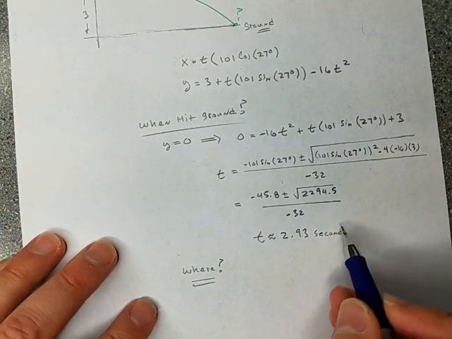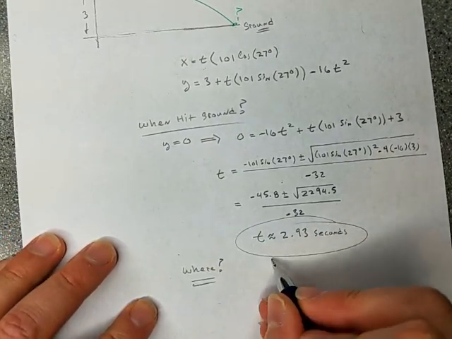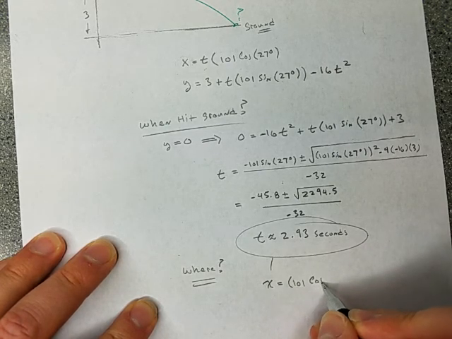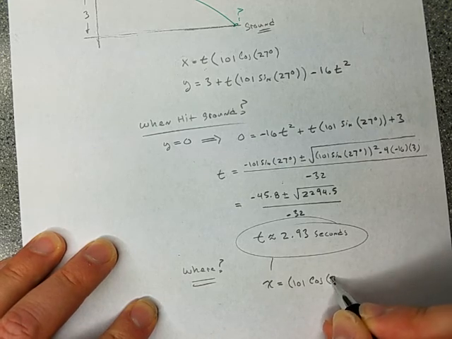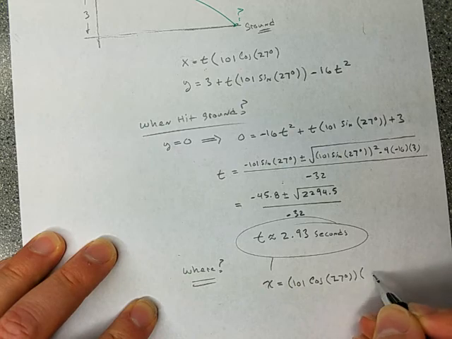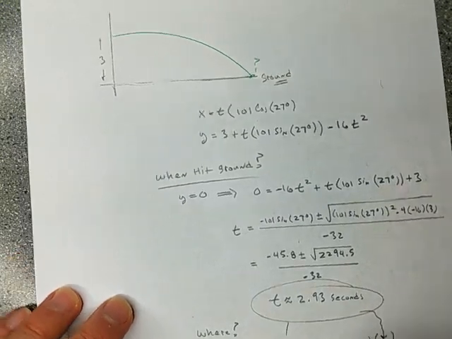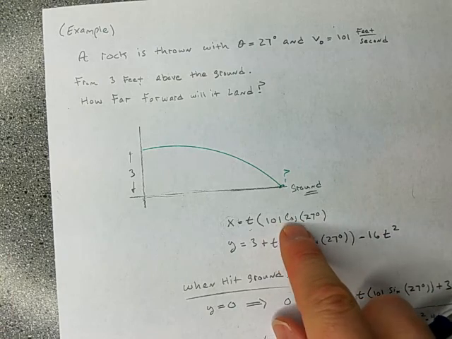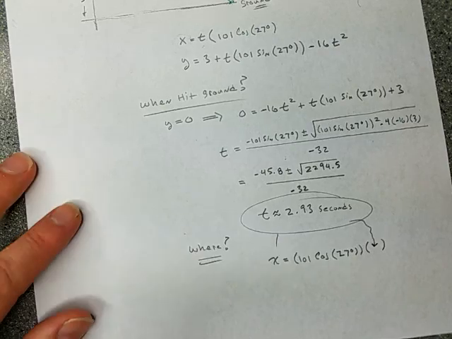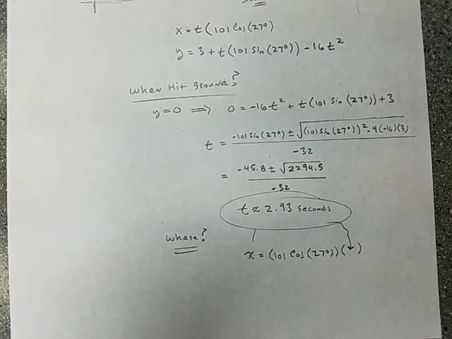So if I take that number right there, x is 101 cosine of 27 degrees times that number. Right, because there's my equation, 101 cosine 27 degrees times t. I know the t, so I'll take that times 101 times cosine 27.